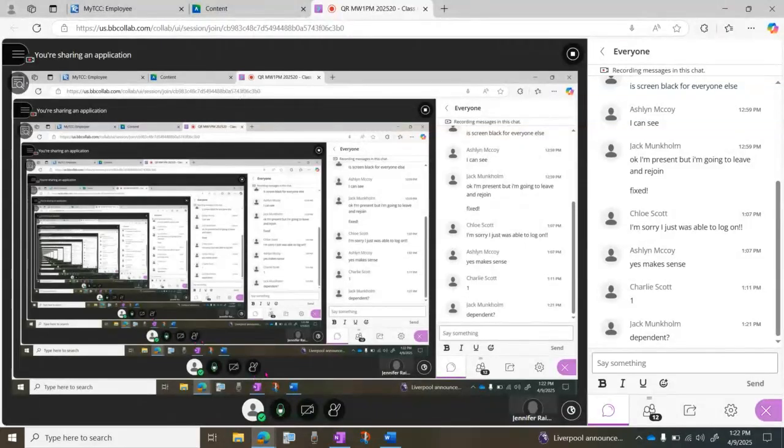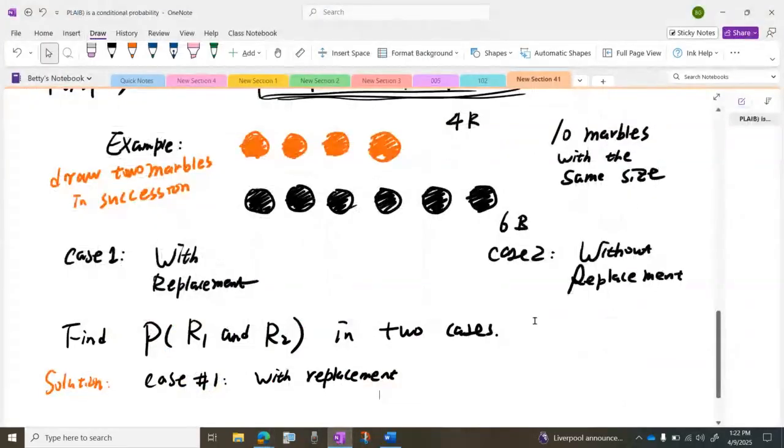Independent. Actually, this case 1 is independent. Because you draw a marble, record a color, and then you put it back. So when you draw the second marble, you still have the same setting. Still 10 marbles, 4 red, 6 black.